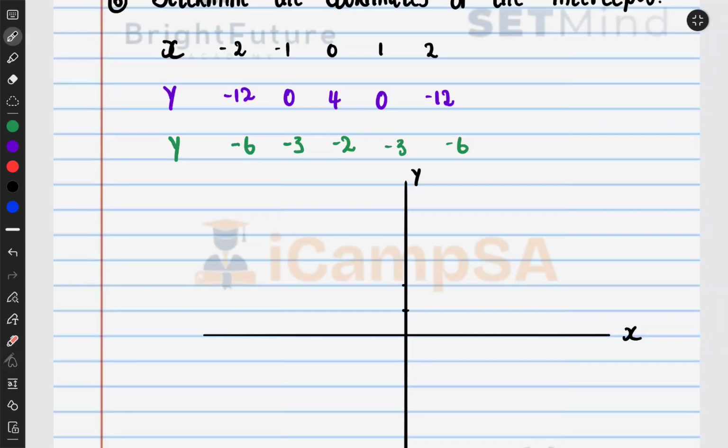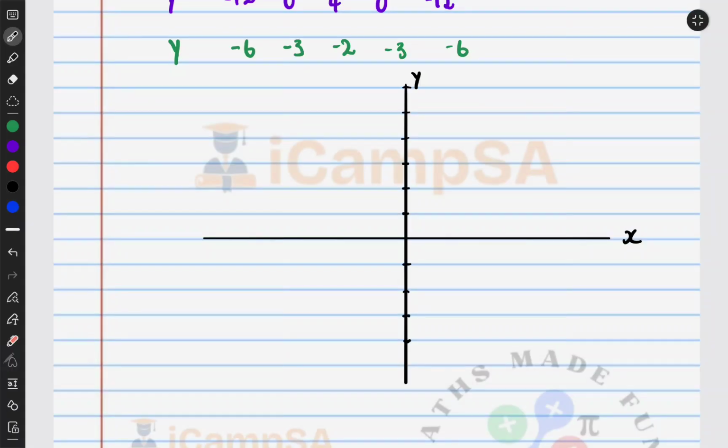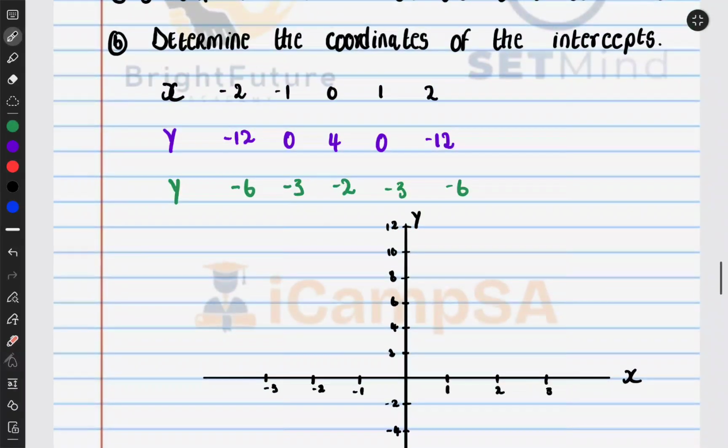On the y-axis I go 2, 4, 6, 8, 10, 12, and also negative values -2, -4, -6, -8, -10, -12. On the x-axis I have 1, 2, 3 and -1, -2, -3. Okay, let's plot the first one.